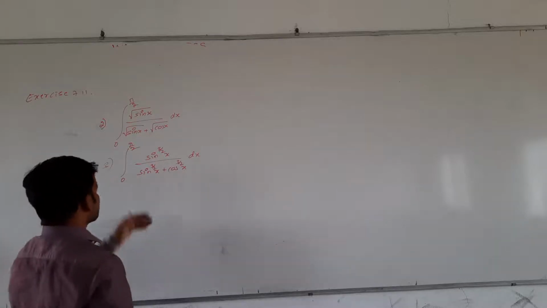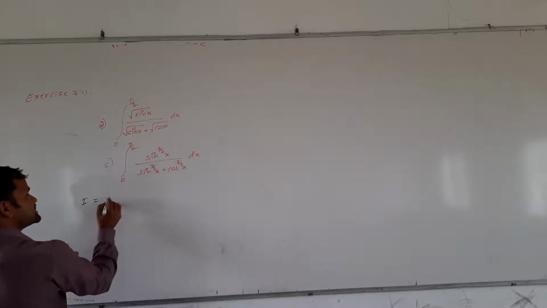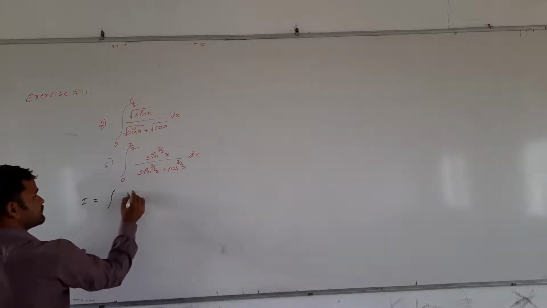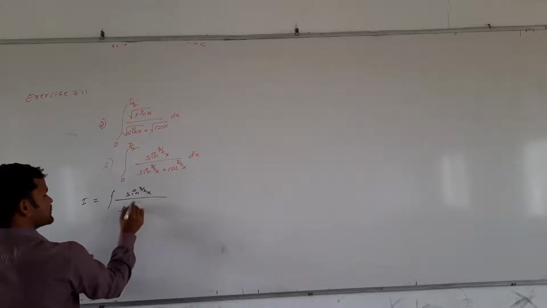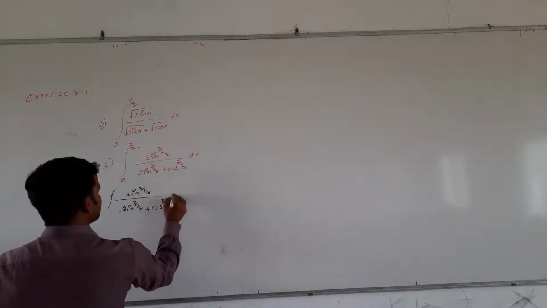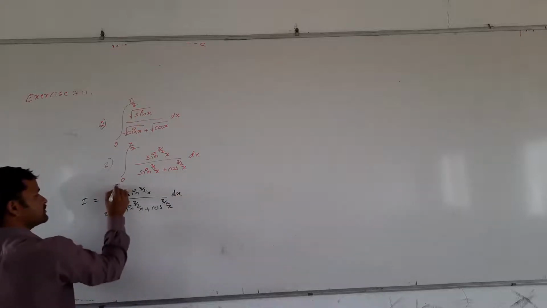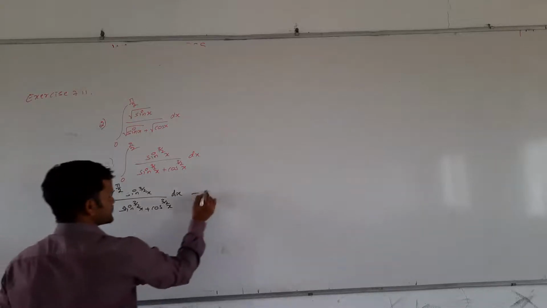Very simple, it is the same way as we did in the previous. I is equal to integration of sin raised to 3 by 2 x by sin raised to 3 by 2 x plus cos raised to 3 by 2 x into dx from 0 to pi by 2. Take this as equation 1.